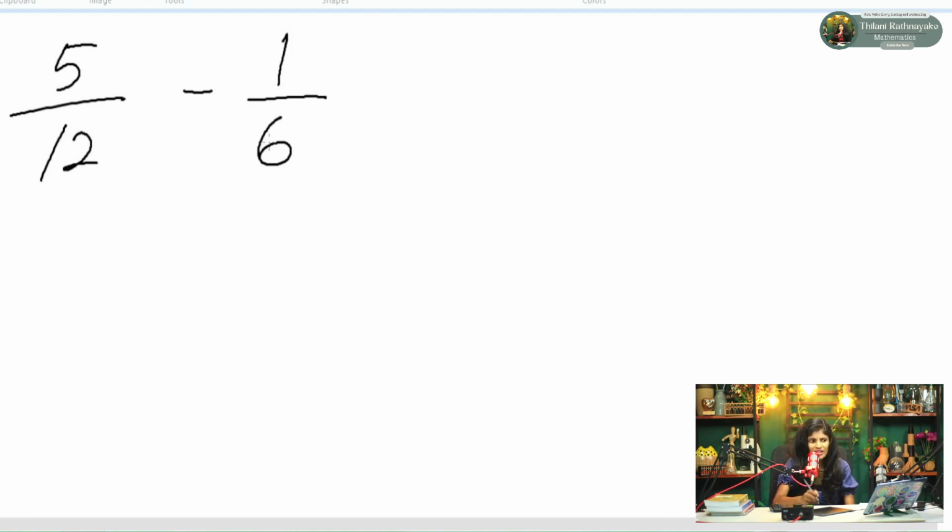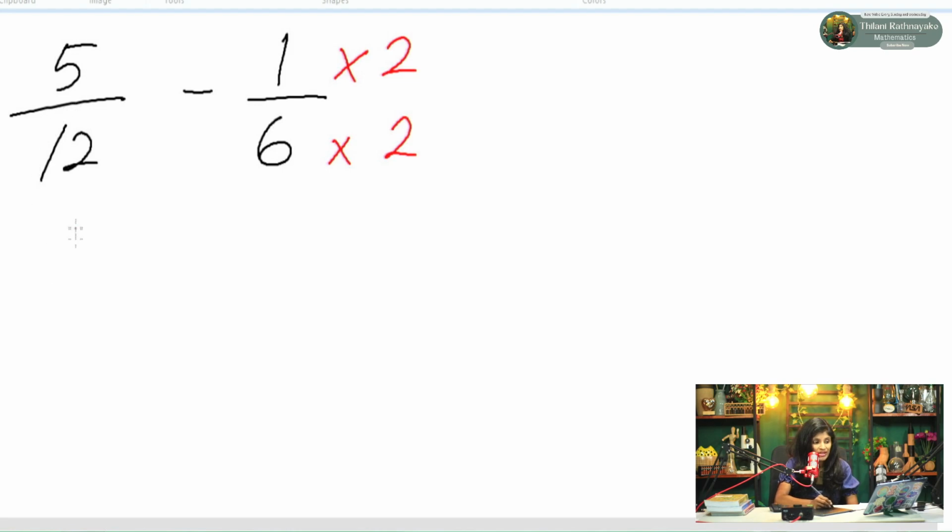So if we take 12 also on our right hand side, then the denominator is equal. We can get a common denominator. Okay, so what I'm going to do first is I'm going to multiply the numerator and the denominator both by 2 because I have to make a common denominator, that is 12.